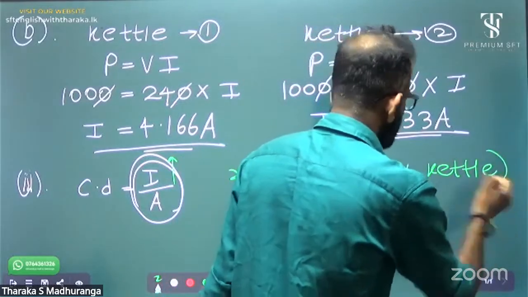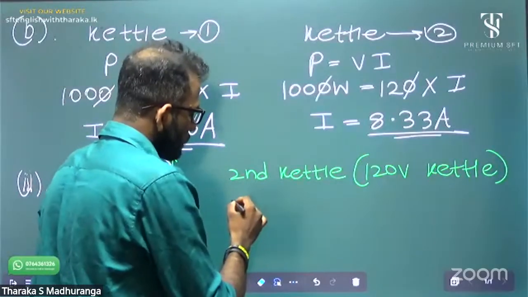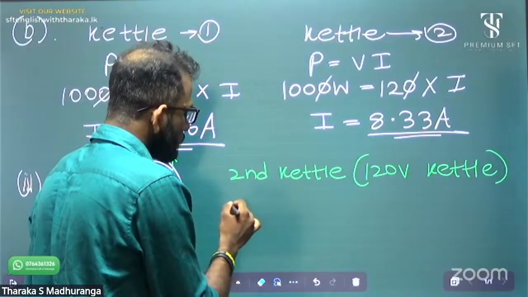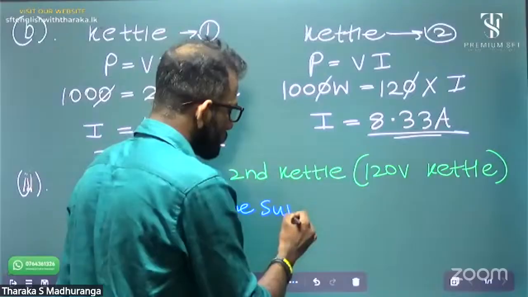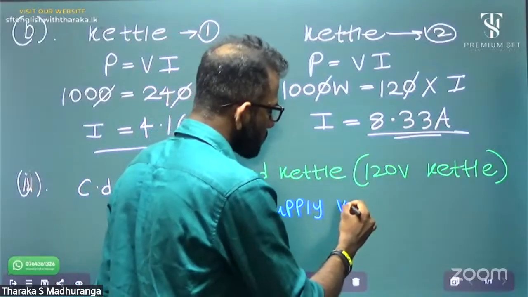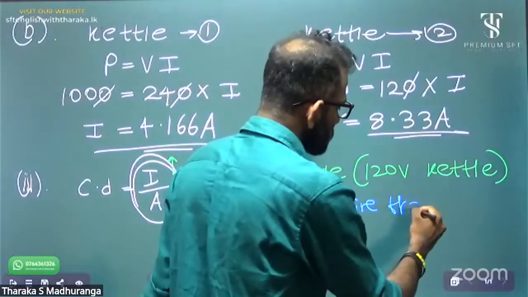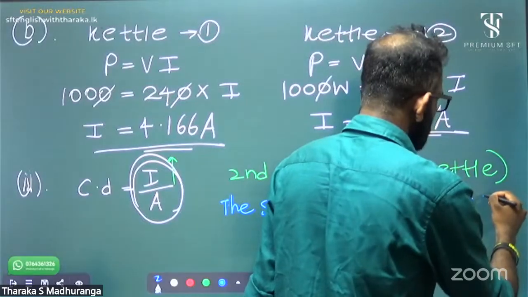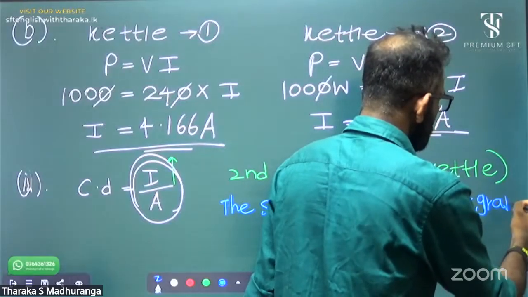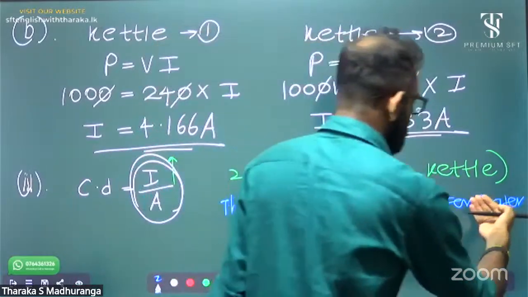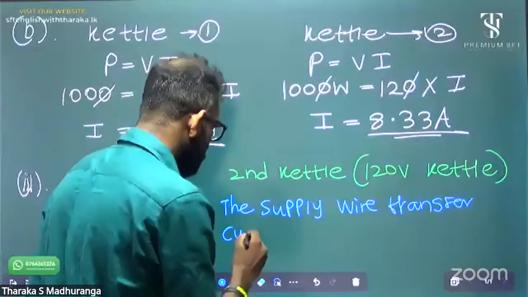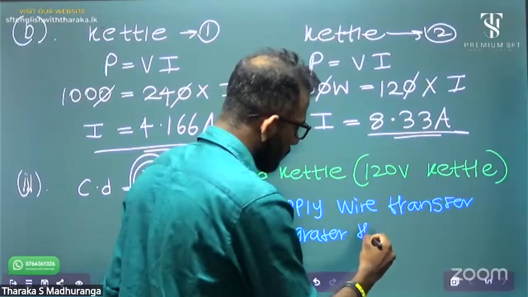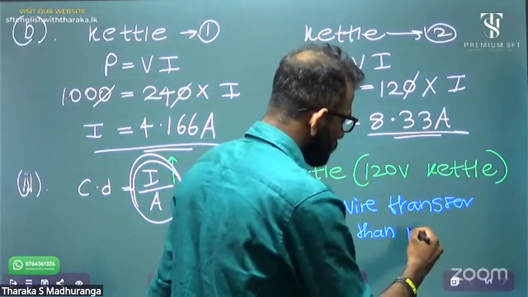The reason: the connecting wire, the supply wire, transfers greater current than the first kettle.